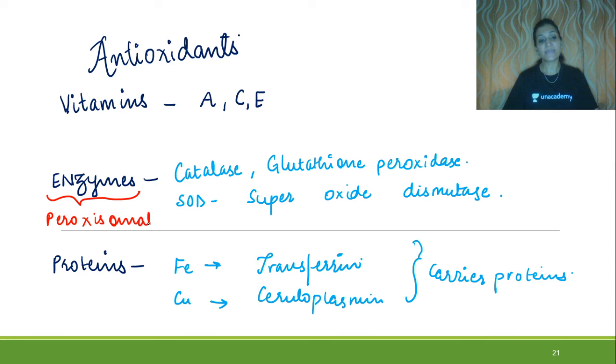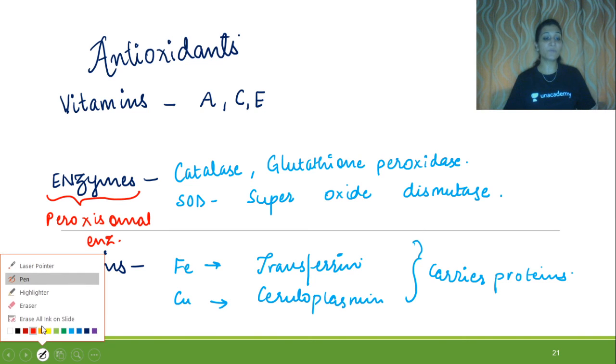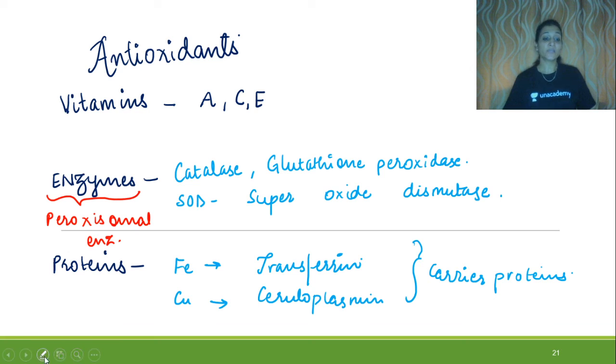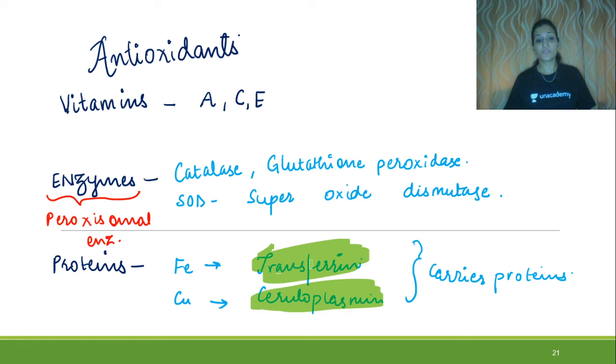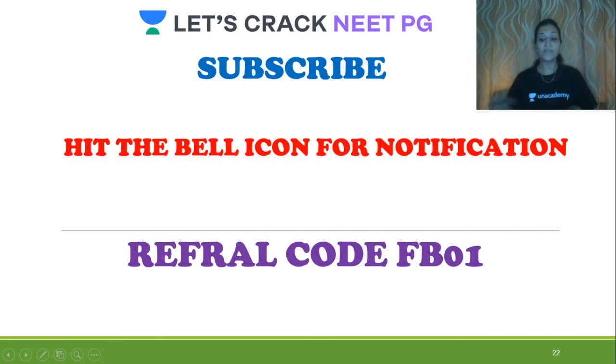The enzymes we read in the category of antioxidants are peroxisomal enzymes, and the proteins which are antioxidants are transferrin and ceruloplasmin. So these are the antioxidants for our body, right?